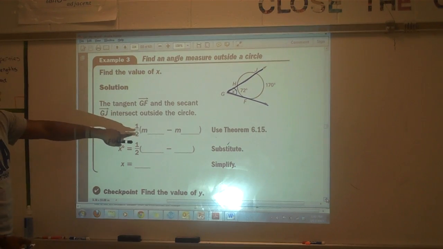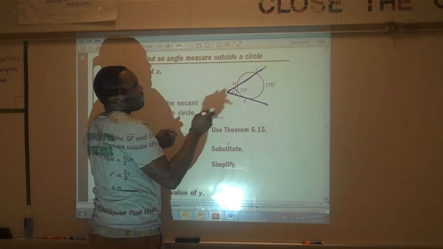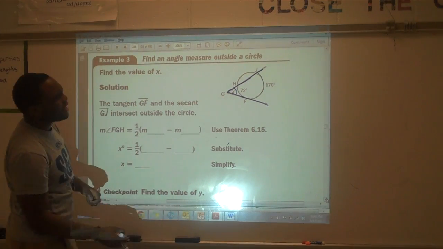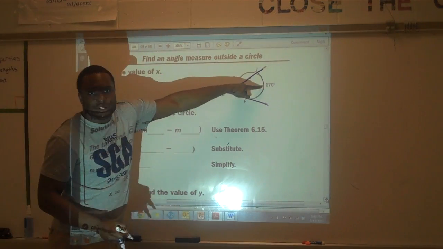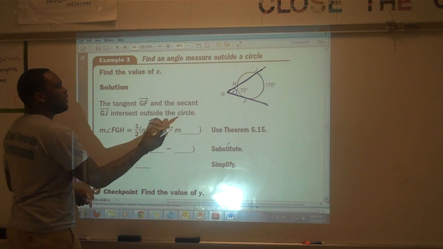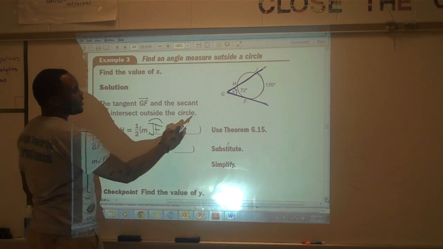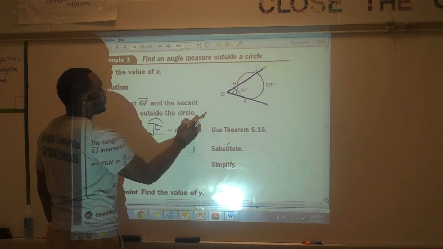It's going to be 1/2 of the measure of this big arc, it's actually not a major arc, but the bigger arc, which is arc JF, minus the measure of this arc here, the smaller arc, which is arc FH.